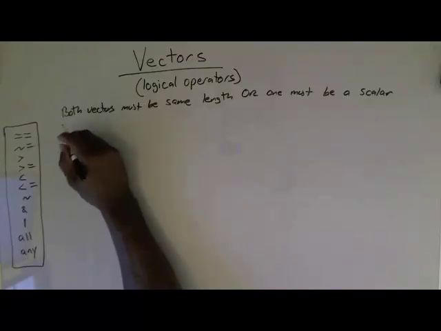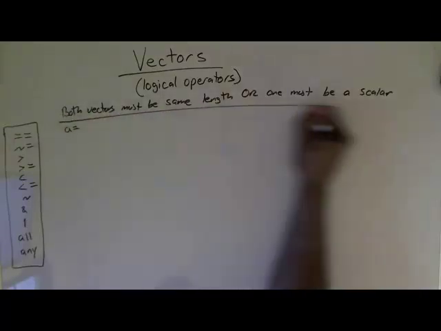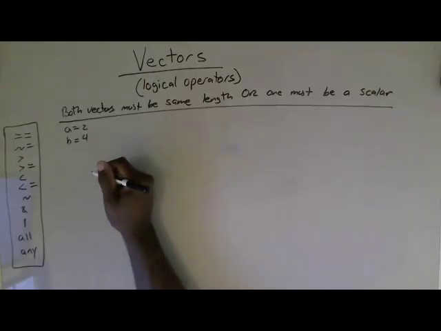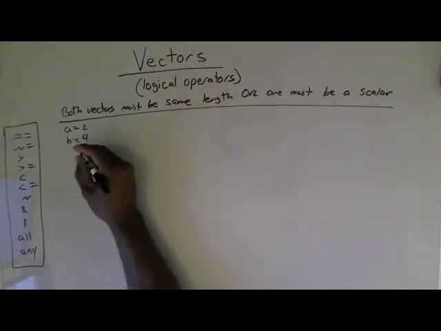So now let's see it in scalars. Let's say I have variable a equal to 2, b is equal to 4, then I can do things like these scalars.